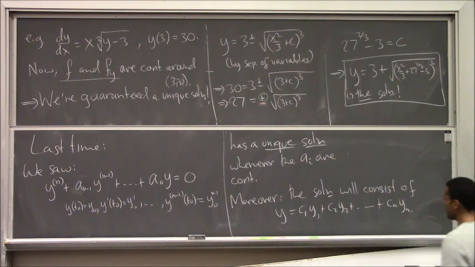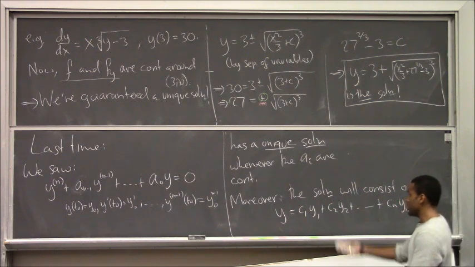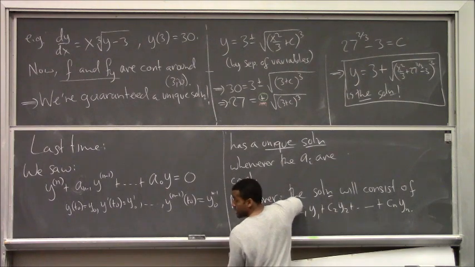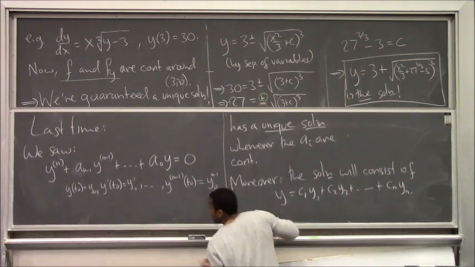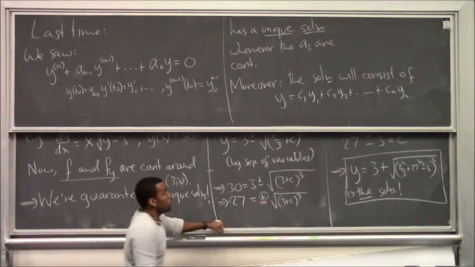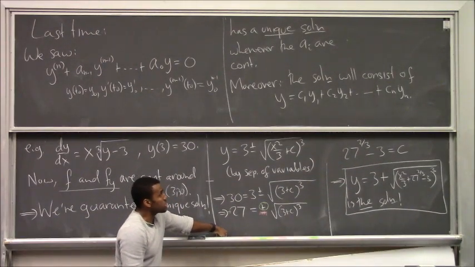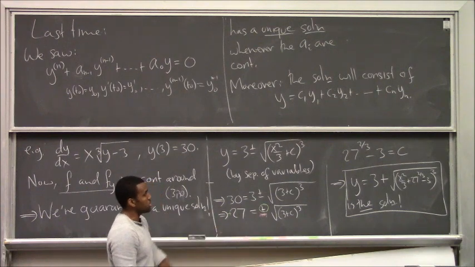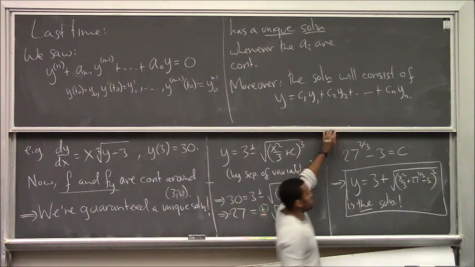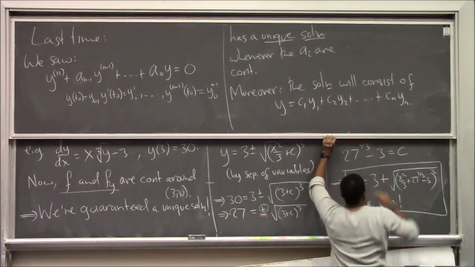There will be n linearly independent solutions because the solutions form an n-dimensional vector space, and we know that there will be n of them because we had the n by n matrix. And so it has to be exactly n, can't be less, can't be more. We also showed that if any two things are a solution, the sum of them is a solution and a constant times them is a solution. So we end up with the linear combination of these n functions being a solution.